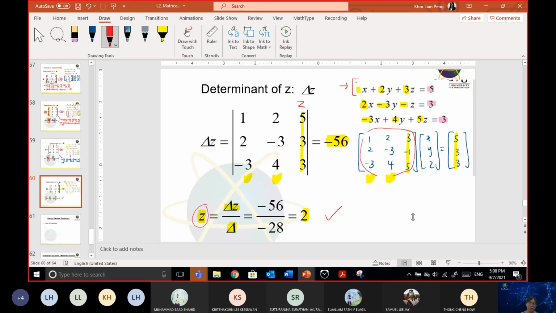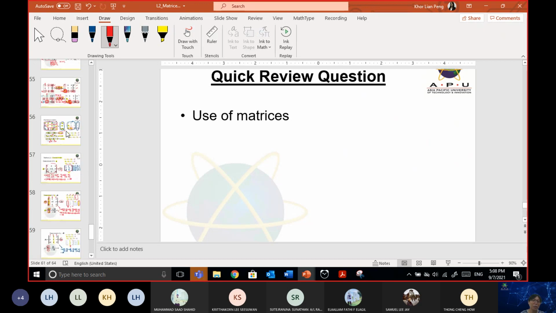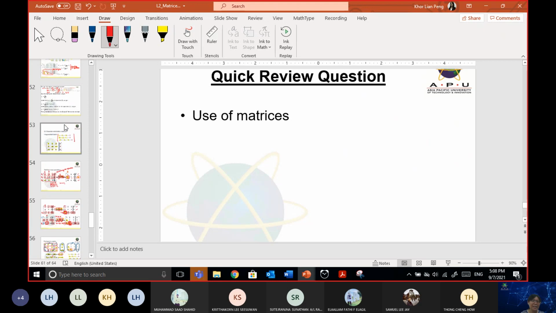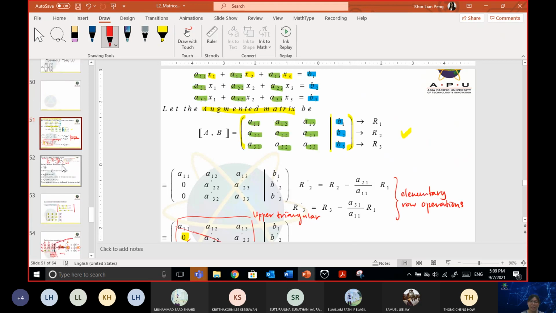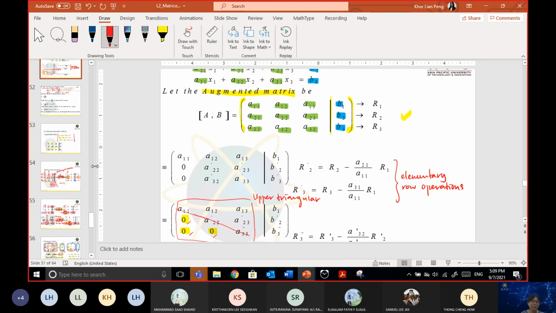Okay, so we have done matrices. Today we only go through 2 methods. Just now was solving using the Gaussian elimination method, and I explained quite a lot already.